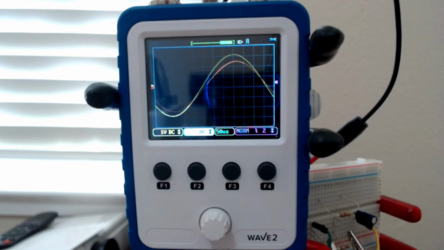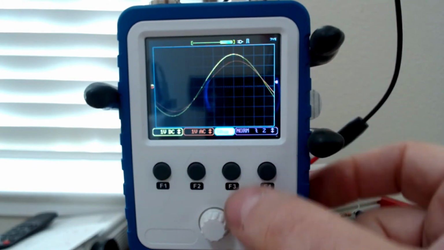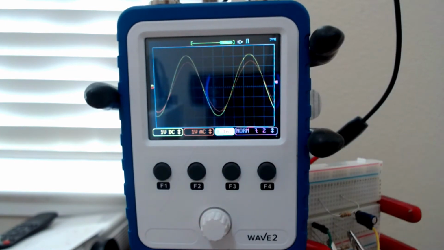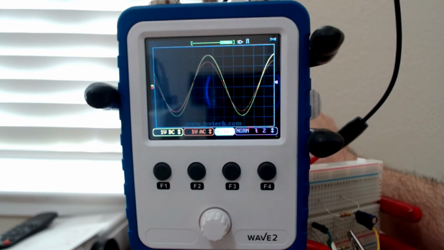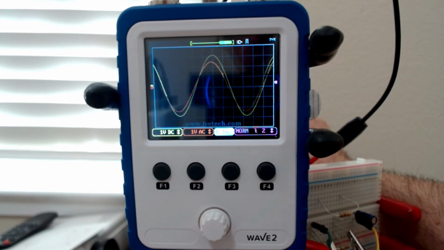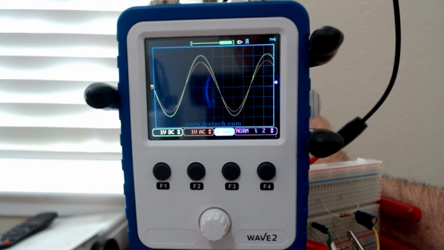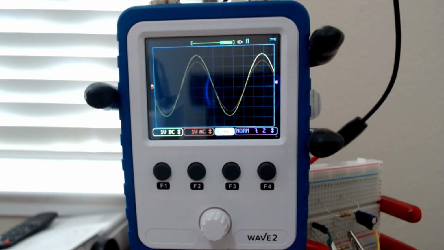Now notice what happened to the phase shift. It's almost zero. But right there, the phase shift is zero. You guys see that?